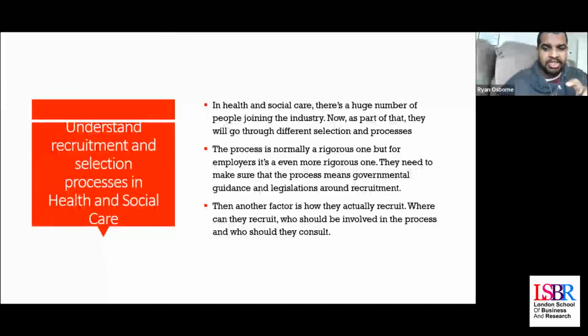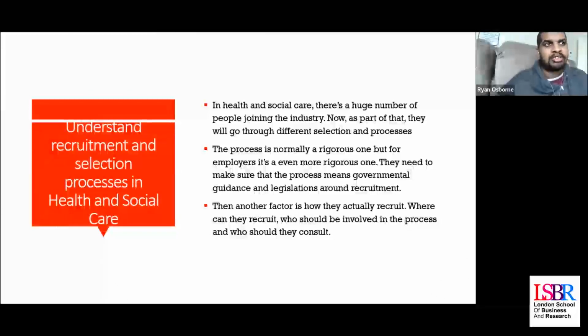As we said, in health and social care, there's a huge number of people now joining the industry today. You may have seen the news, you may have been eagle-eyed about the NHS and the drive to get more people into the social care industry today.